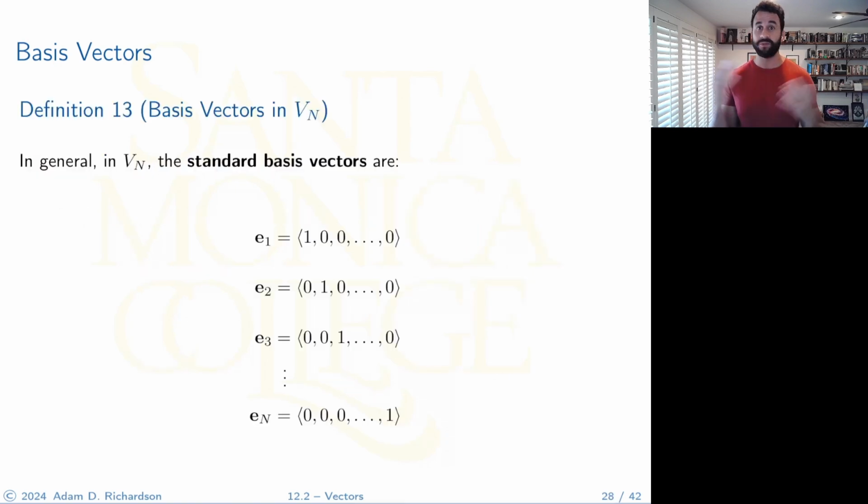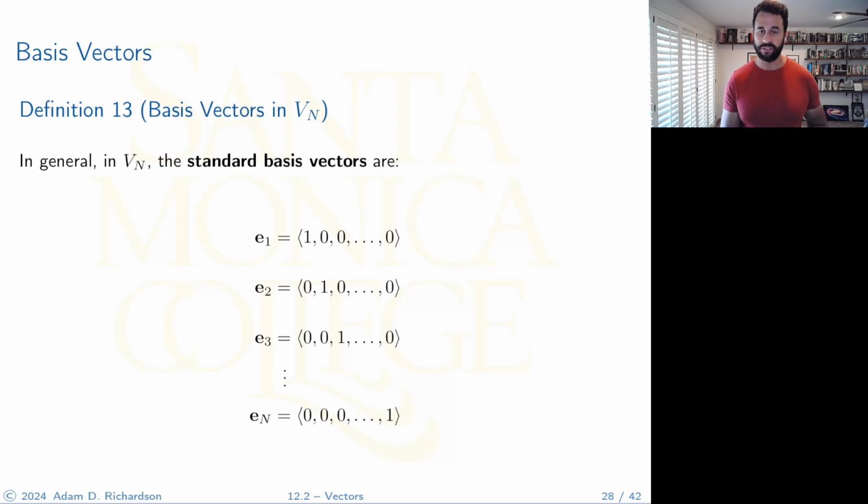It naturally generalizes to any finite dimensional vector space like this, like Vn. So here's our first basis vector. In this case, there are n. Maybe I should say 1, 2, 3, n. There are n basis vectors. There are n components. We switched to the letter E just to kind of stand for identity.